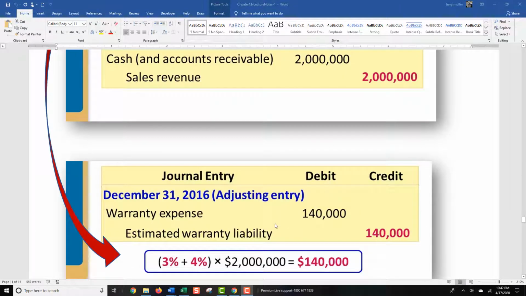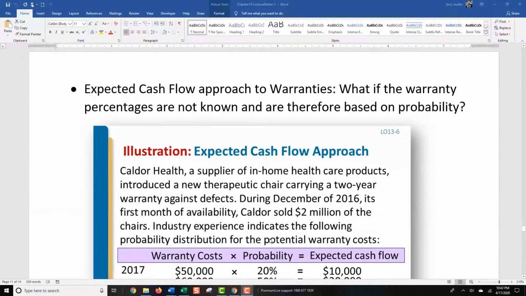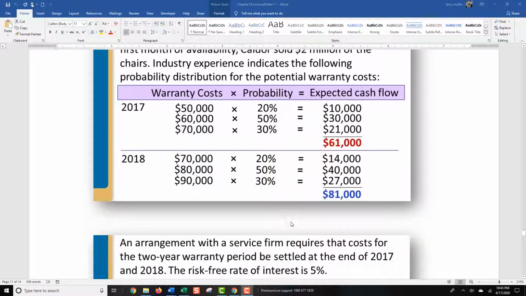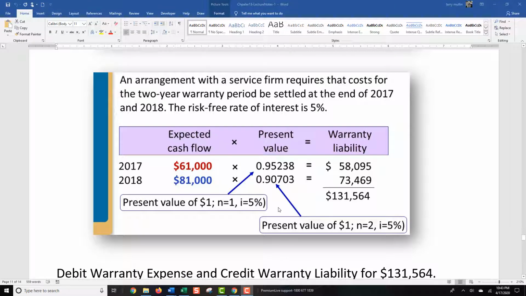So instead of just using 3% and 4%, so 7% times 2 million, you could go back to your stats class and say there's a 20% chance it's going to be 50,000, a 50% chance it's going to be 60, and a 30% chance it's 70, and total that up and it's going to be 61 in 2017, and in 2018 it's going to be 81,000. Then you would figure out the present value of those cash flows of your warranty liability, right?